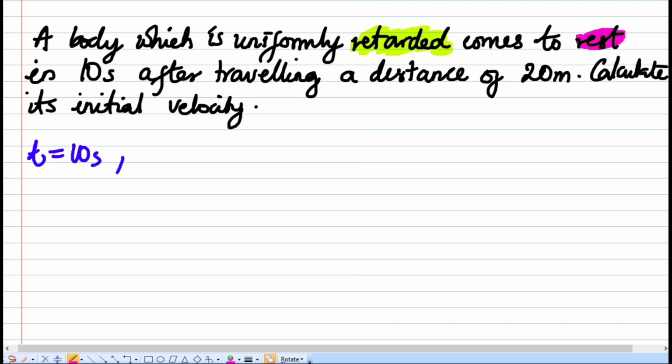Coming to rest means the final velocity has to be 0, so v is 0. After traveling a distance s of 20 meters, we have to calculate its initial velocity. So we are looking for u, the initial velocity.